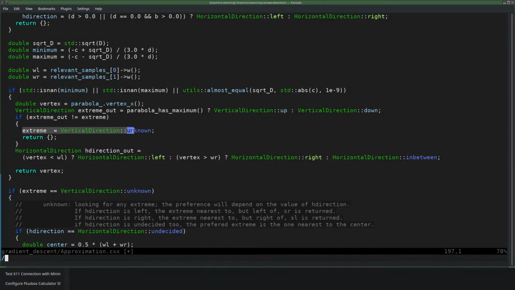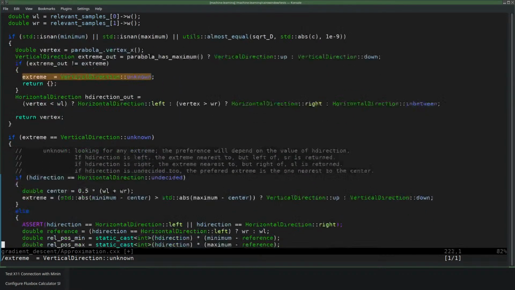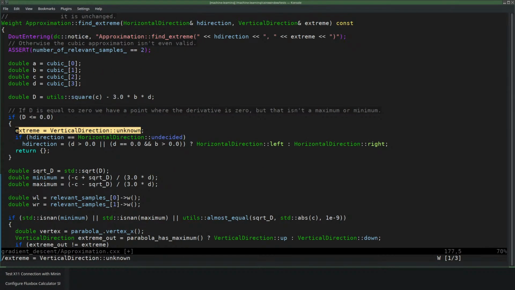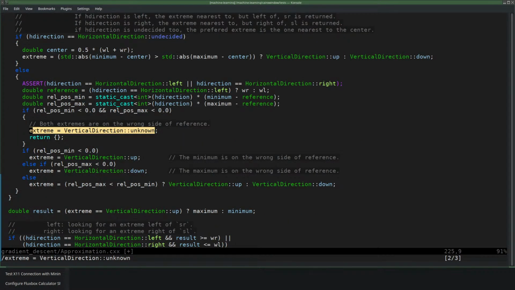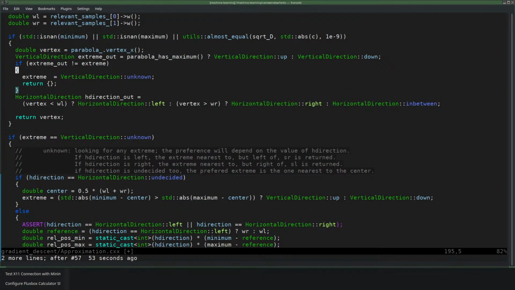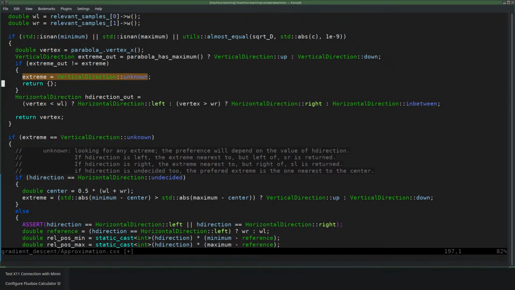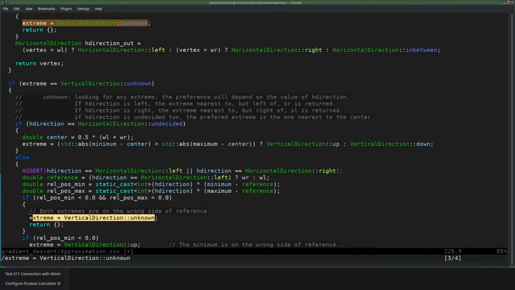I think I have this already, right? I don't. What the hell? Yeah, extreme is vertical direction unknown. Yeah, typed something wrong, I guess. Undo, redo. Ah, space too much. Okay. And then we return indeed just nothing. So okay, so that would work.